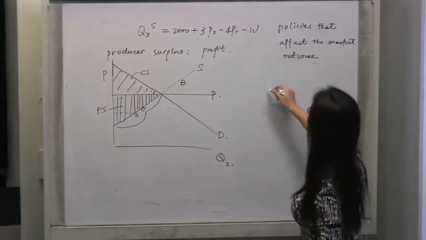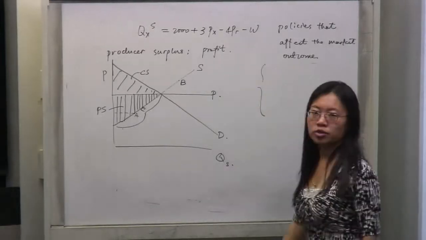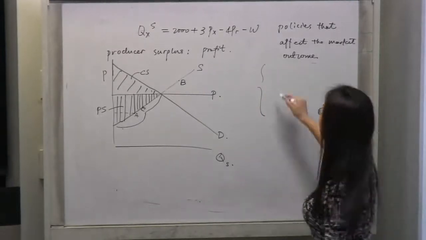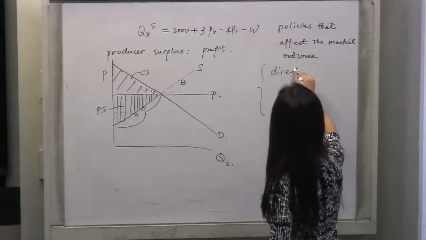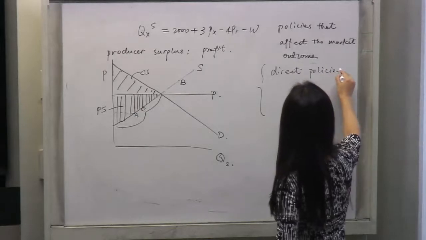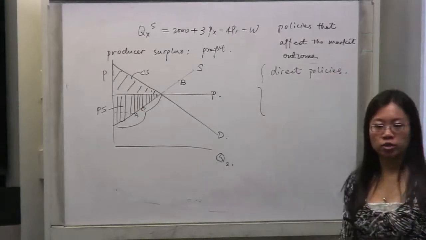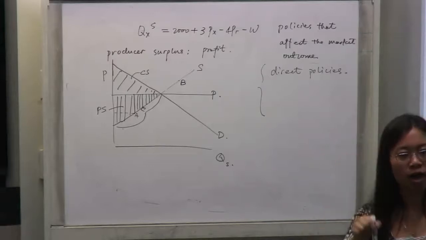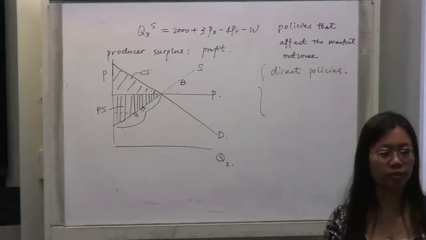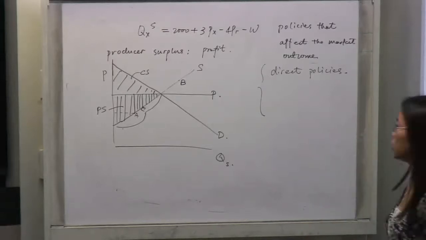Okay. So there are two sets of policy we want to talk about. The first one is direct policies. What are the direct policies? Policies that target the price directly, which are price ceiling and price floor.